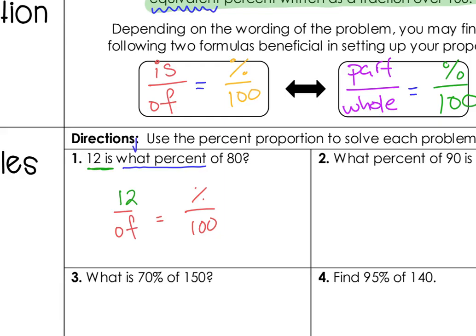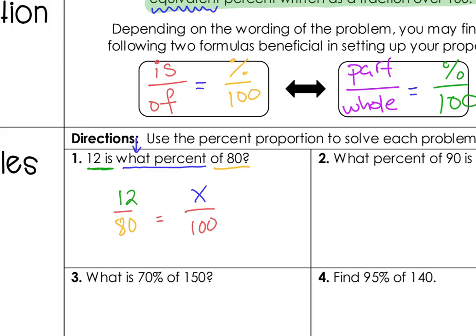You say what when you don't hear someone correctly. When you're like, wait, what? I don't know what you're saying. Well, I don't know what the percent is, so that's why I'm going to call it X, okay? And then the last bit of information is of 80. It's like there's an of right here, and we can write 80.